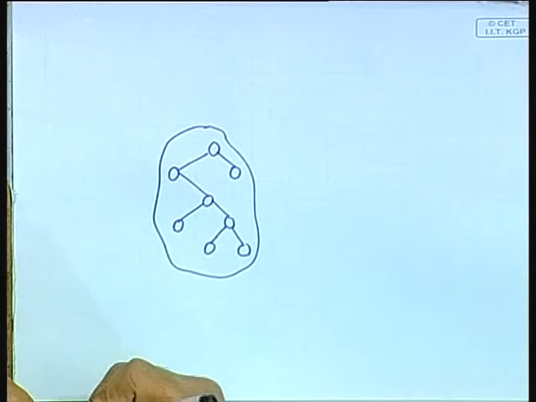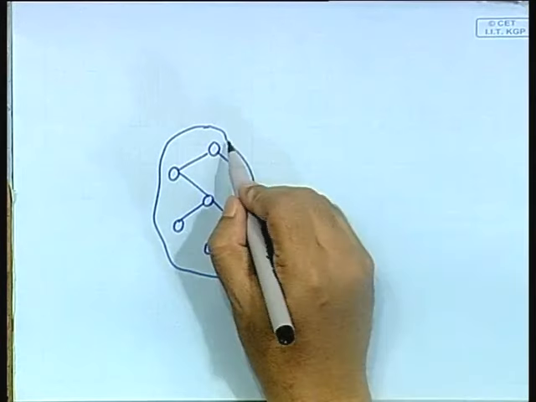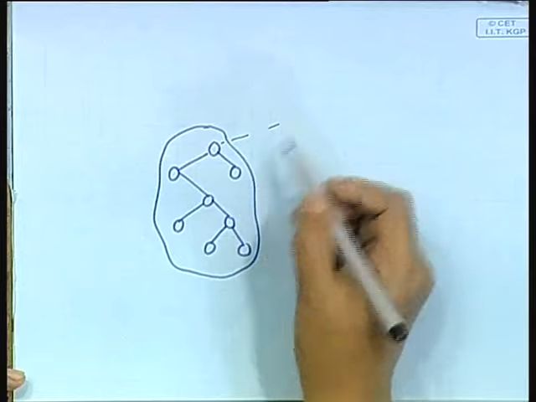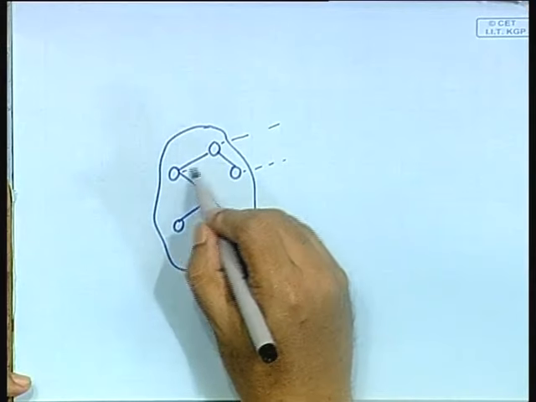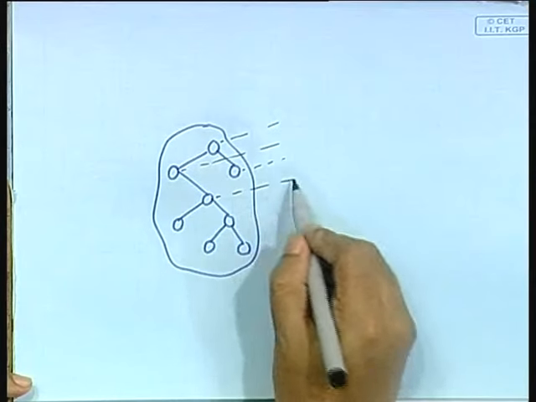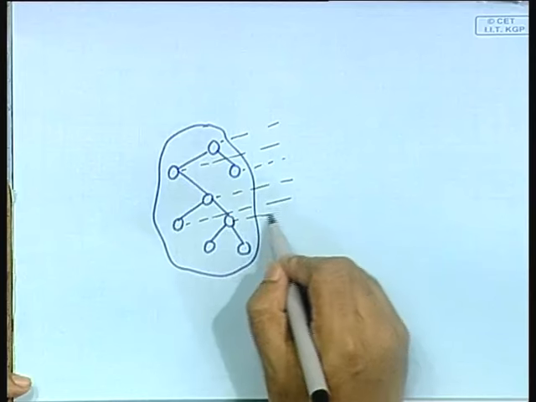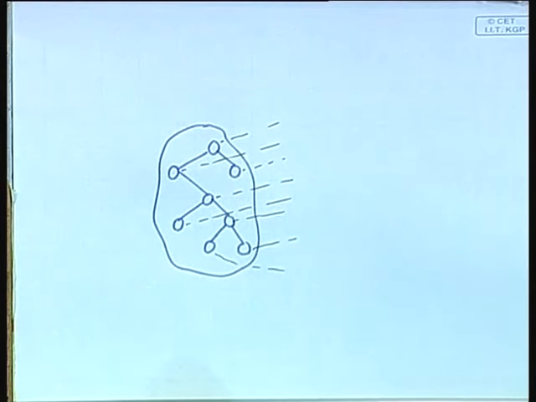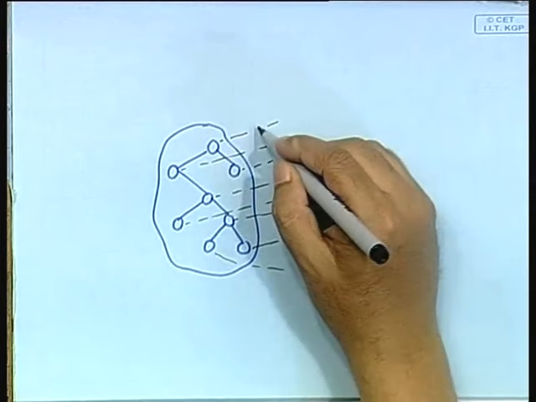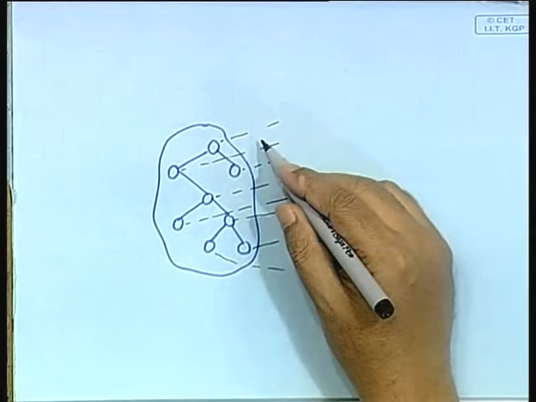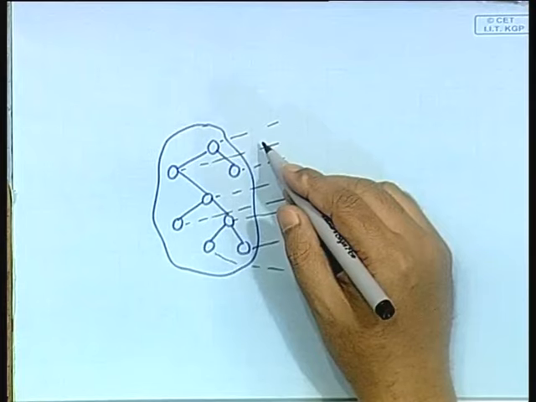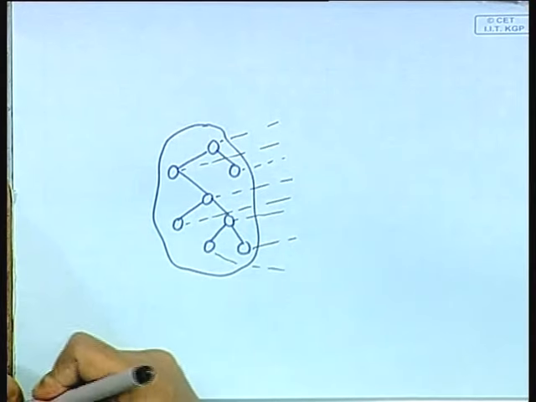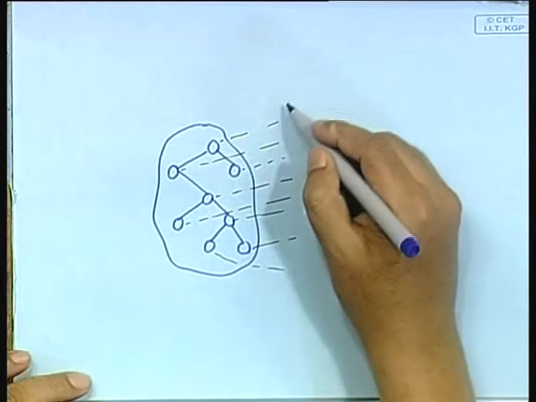If I look at all the edges which are coming out of this fragment, then the minimum of these will have to belong to the spanning tree. It is because of the same reasoning that we did earlier, right.